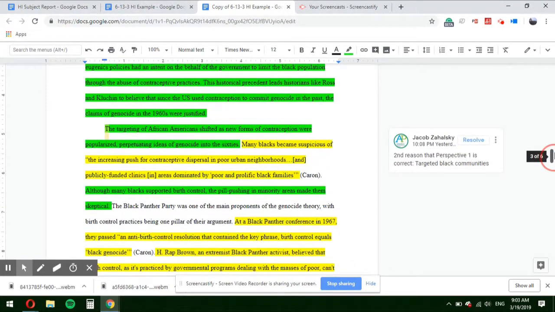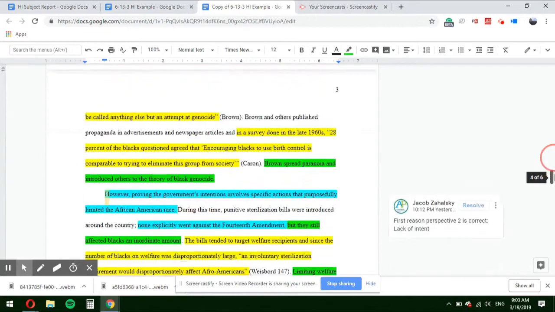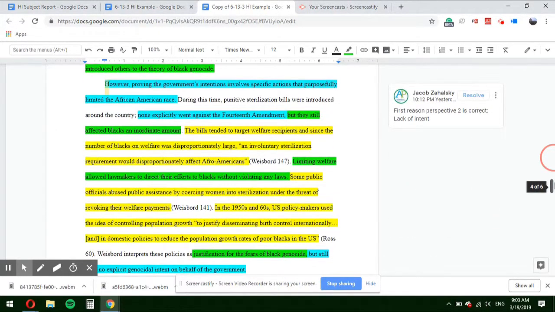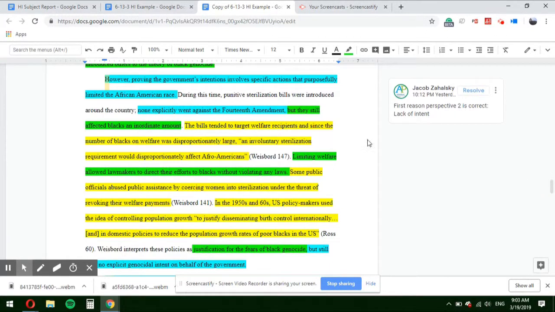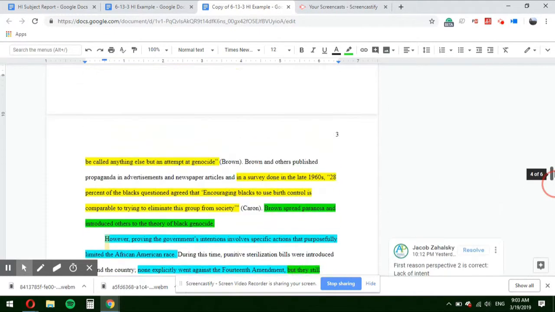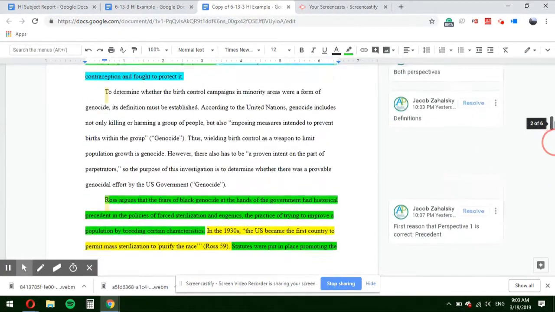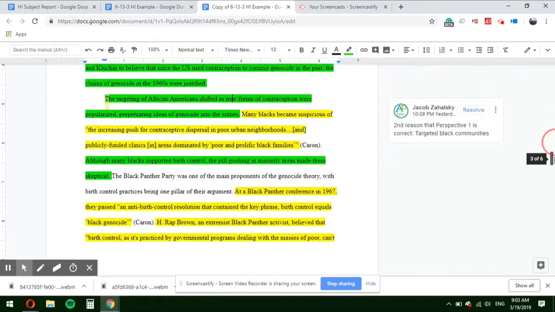Then the student introduces the second perspective, that there wasn't a genocide, through contradicting some of the first perspective. And so this provides an interesting example of different ways that you could organize your paragraphs. So you can either provide paragraphs that include just one perspective and arguing for just one perspective and have them go back to back, or you can include a mix of that.